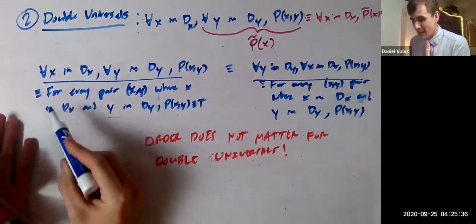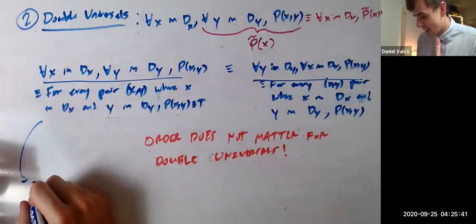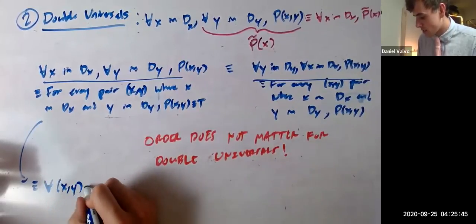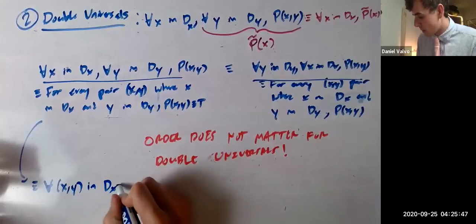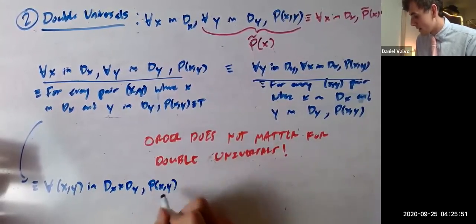I only have one for every statement here. So for all pairs x, y in our set of ordered pairs D_x cross D_y, P of x, y is true.